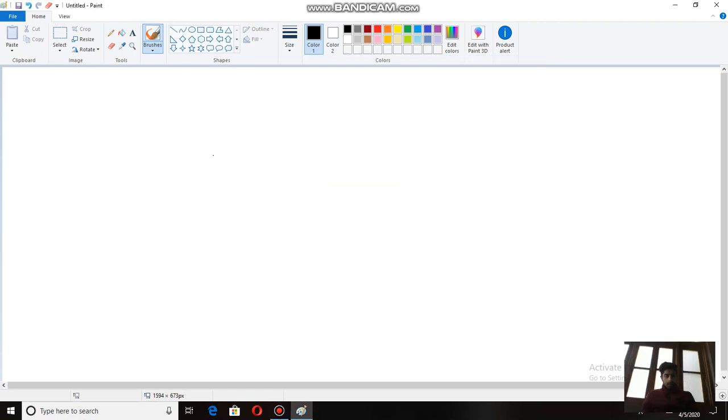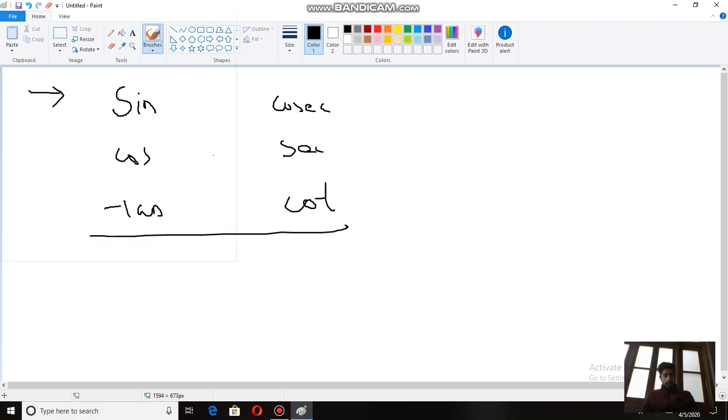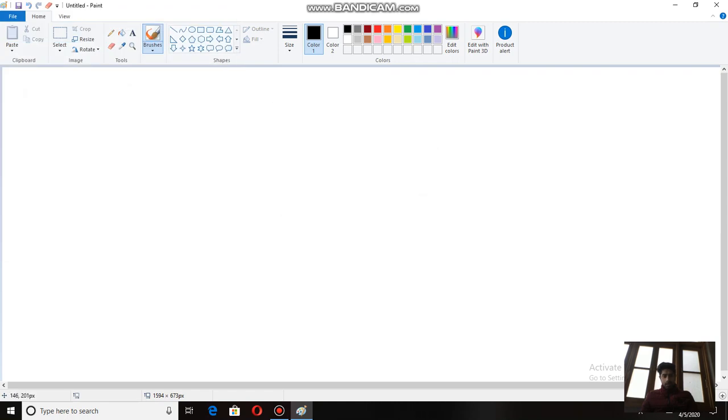In the last class we saw these trigonometric ratios: sine, cos, tan, cosec, sec and cot. Now let me discuss a bit more detail about this. Let's take a right angle triangle like this.